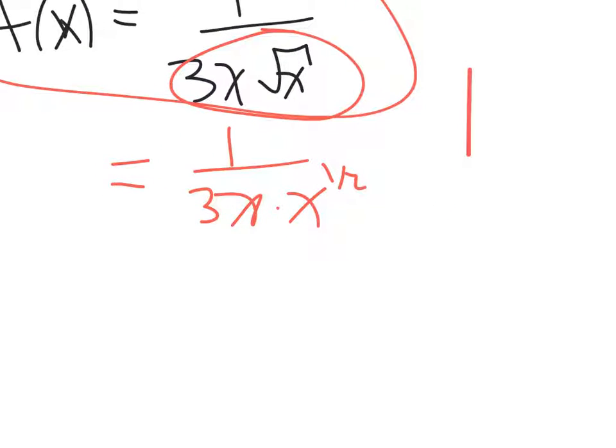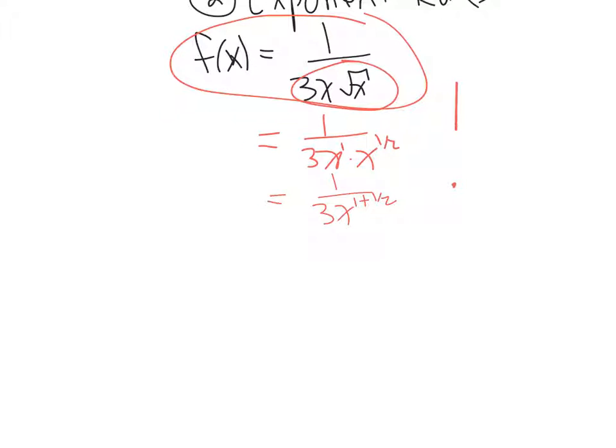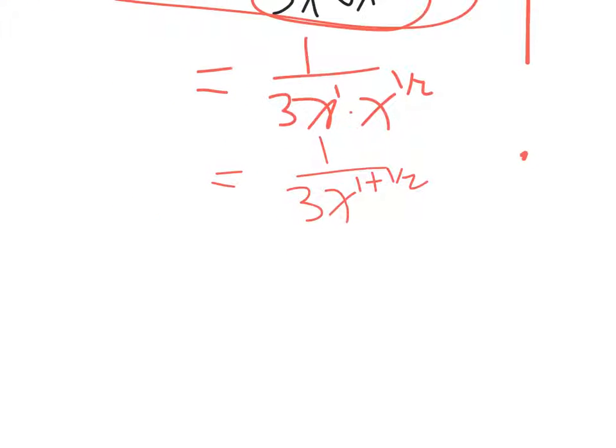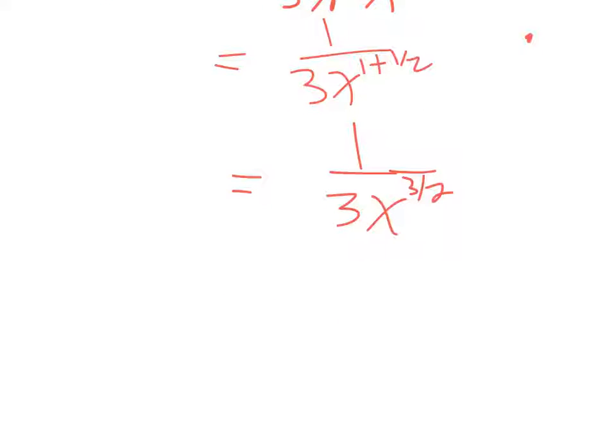Well, 3x times x to the 1/2, I need to put an exponent of 1 there. So that's going to be 1 over 3 x to the 1 plus 1/2, which will equal 1 over 3x to the 3 over 2. And that's what f of x equals.